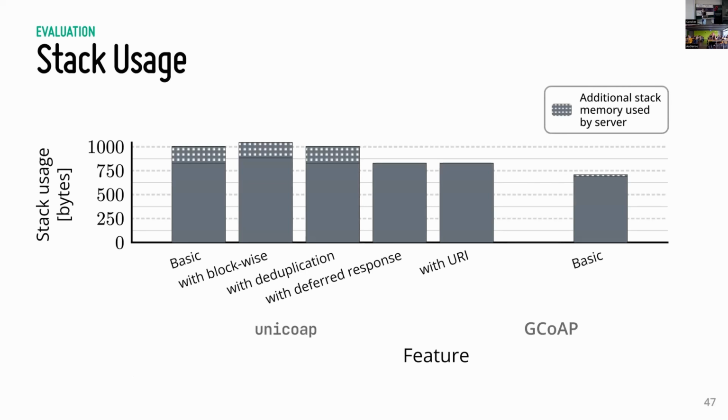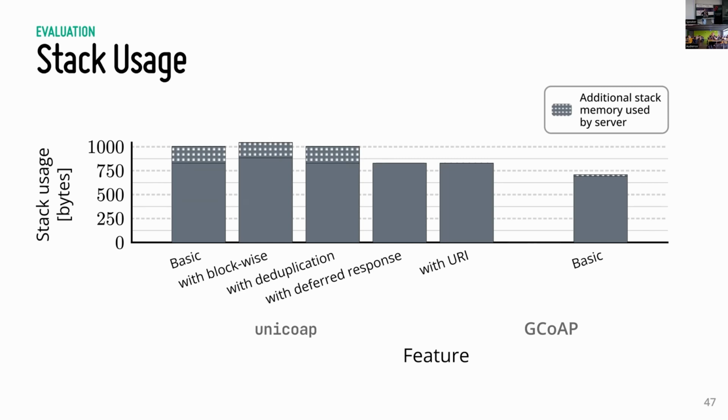Looking at stack usage and the advanced features, we see roughly the same memory usage as in gcoap. This is the peak stack usage, except for server applications, where you see the dotted part. This requires a little more stack memory, and the reason for that is quite easy to explain if you think about it. A message has to travel from below the stack to the application on top of the stack.